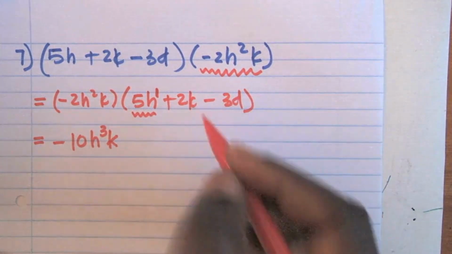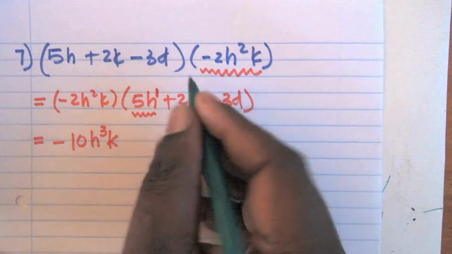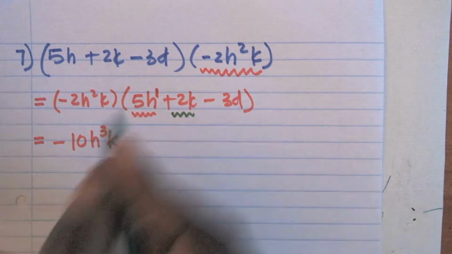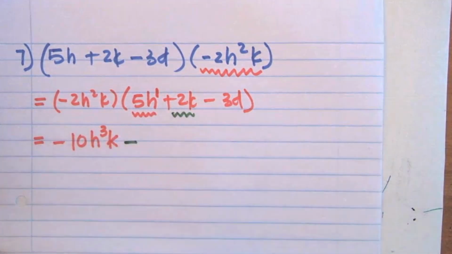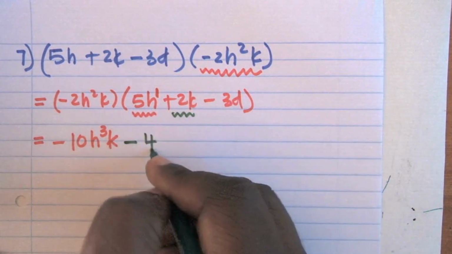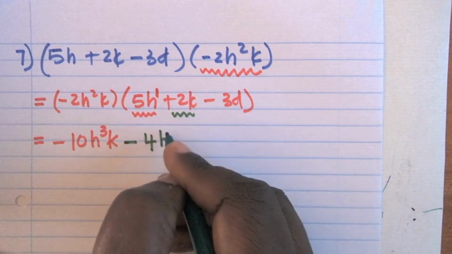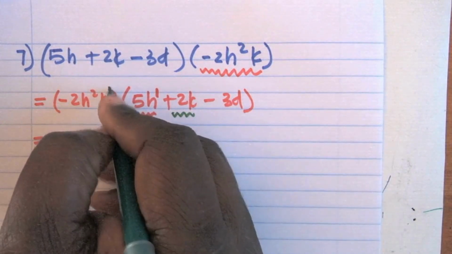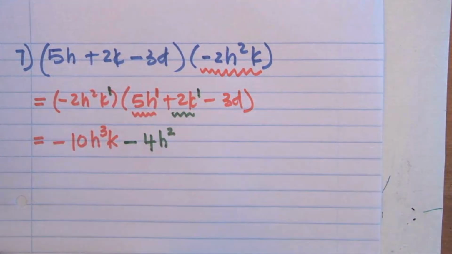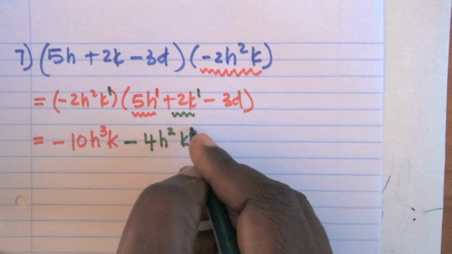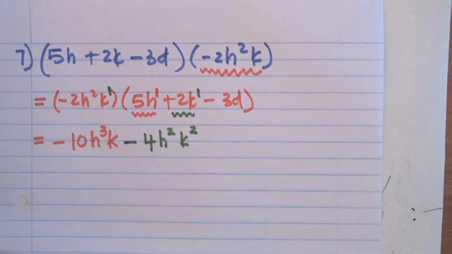Then when I go to the second term, the sign is going to change. So it's going to be minus 4h to the power of 2. Let's analyze our case. There's an invisible one here, there's an invisible one here. So I'm going to get k to the power of 2.